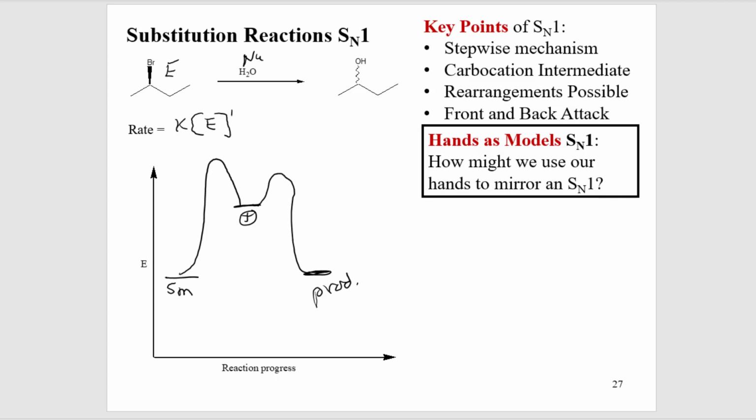I'll just write the product there. So the first step is rate determining. From starting material to intermediate, the nucleophile played no role, right? From starting material to intermediate, it was simply the leaving group leaving.